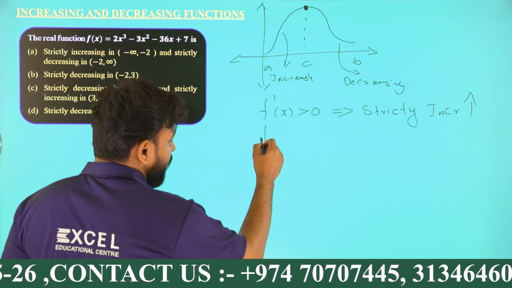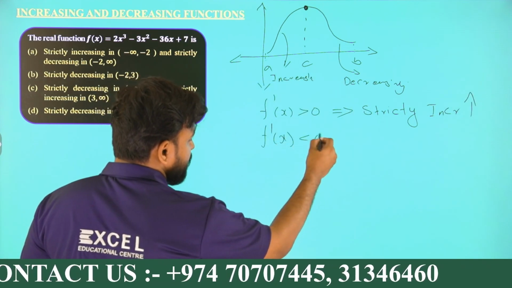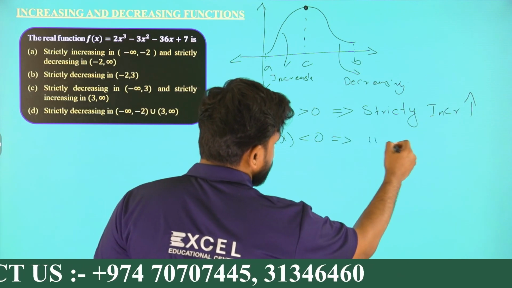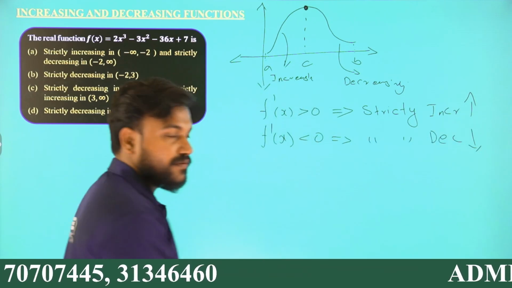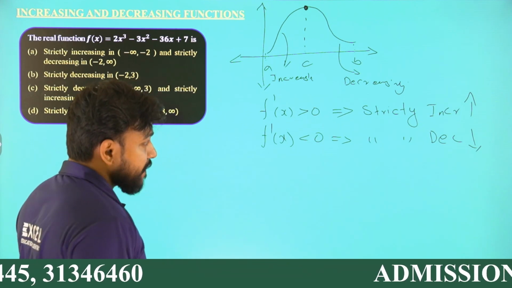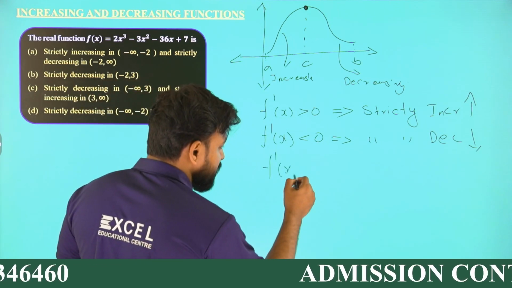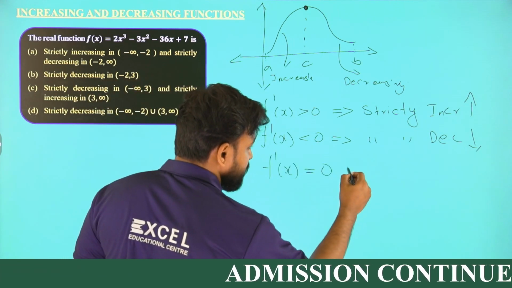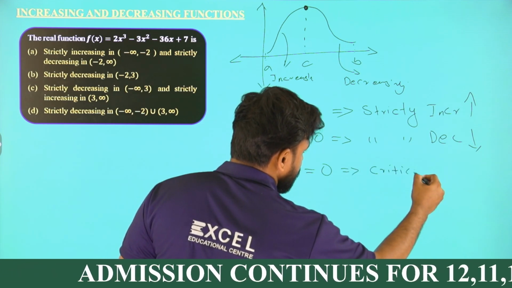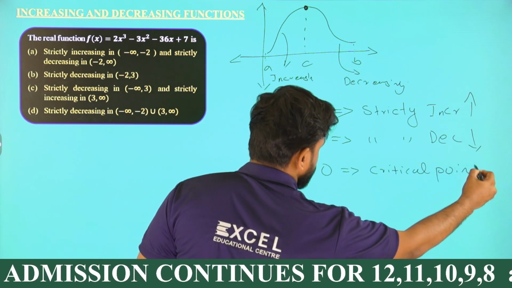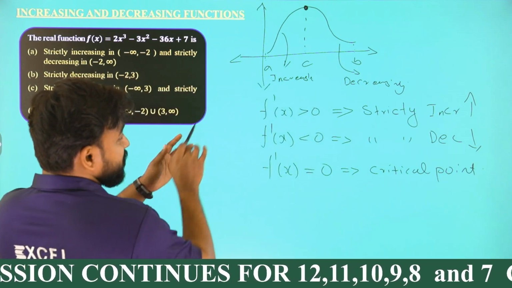Or if the derivative of a function is less than 0, we can say it's strictly decreasing. So listen, if the derivative of the function is equal to 0, we say it is a critical point.